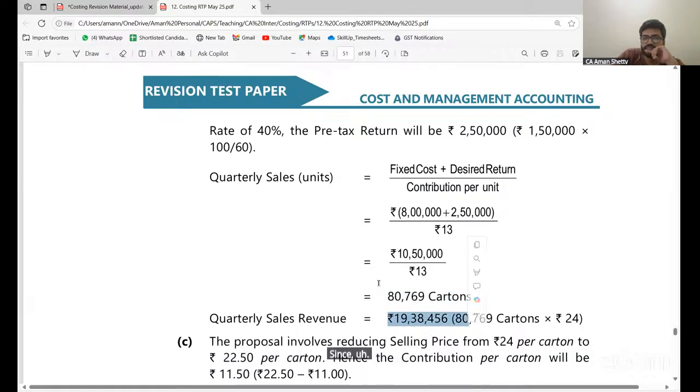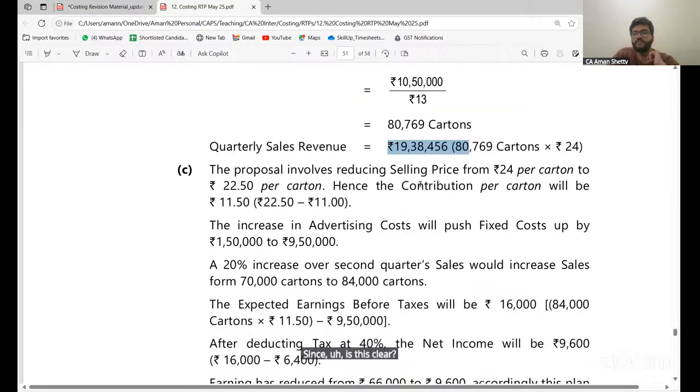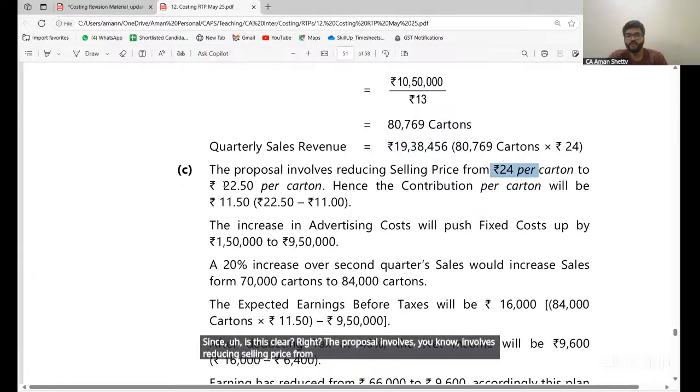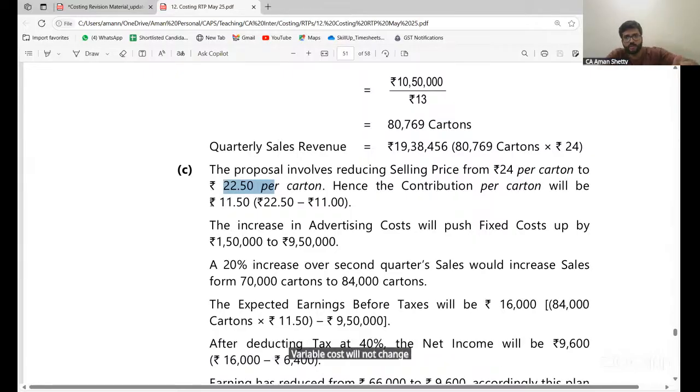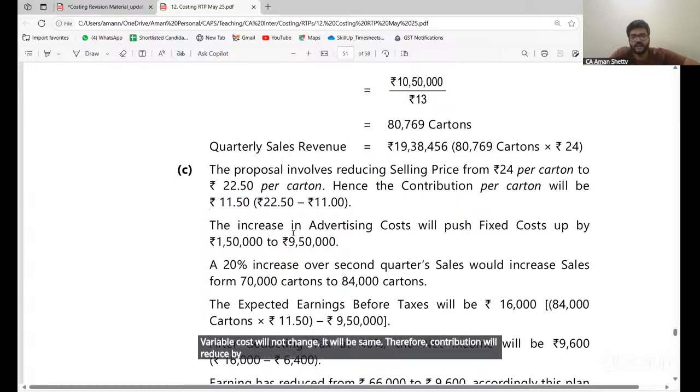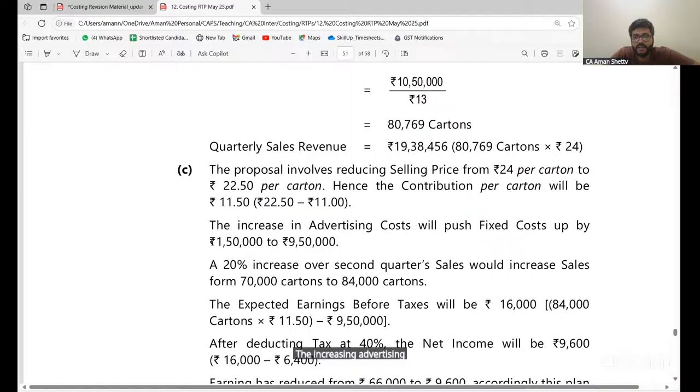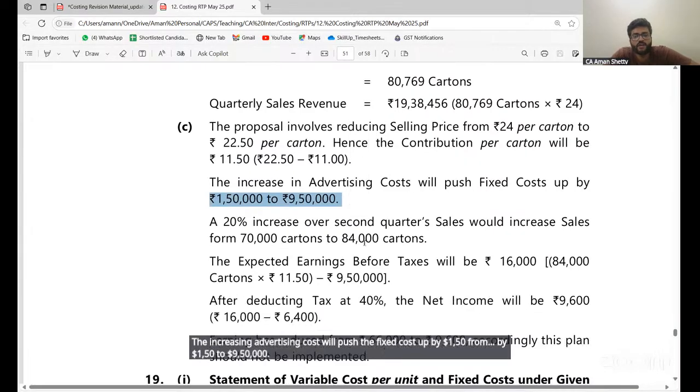Is this clear? The proposal involves reducing the selling price from 24 to 22.5. Variable cost will not change, it will be the same. Therefore, contribution will reduce by 1.5. The increasing advertising cost will push the fixed cost up by 1,50,000 to 9,50,000. Therefore, find out the profit.